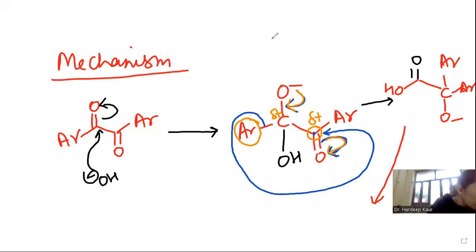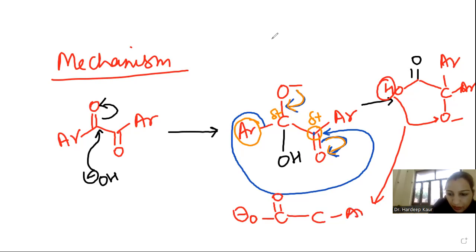Then there occurs a transfer of proton, from this OH to this oxygen, leading to the formation of the potassium or sodium salt, depending upon which base you are using. So this becomes Ar, Ar, and this O negative becomes OH.